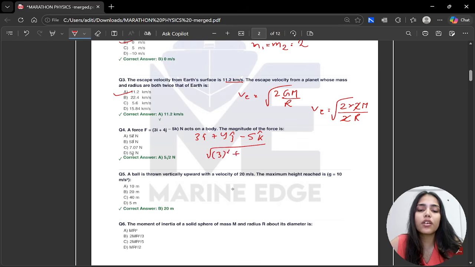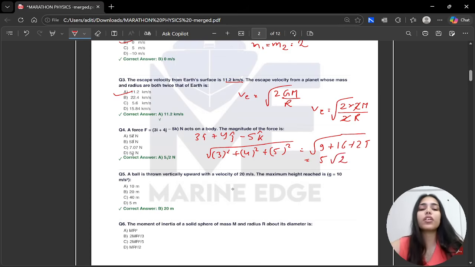So 3 square plus 4 square plus 5 square. That will give us under root 9 plus 16 plus 25. So that is 5 root 2. Now suppose the question would have asked you about the unit vector. So you could have just divided this vector by 5 root 2 to give the unit vector, right?